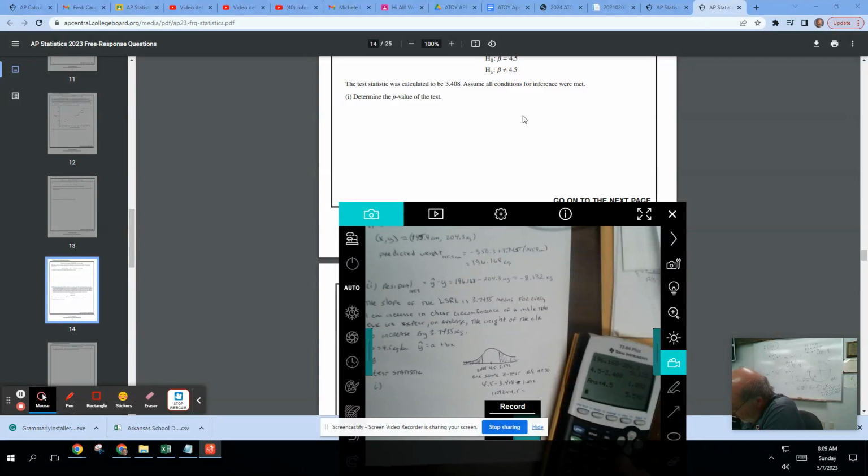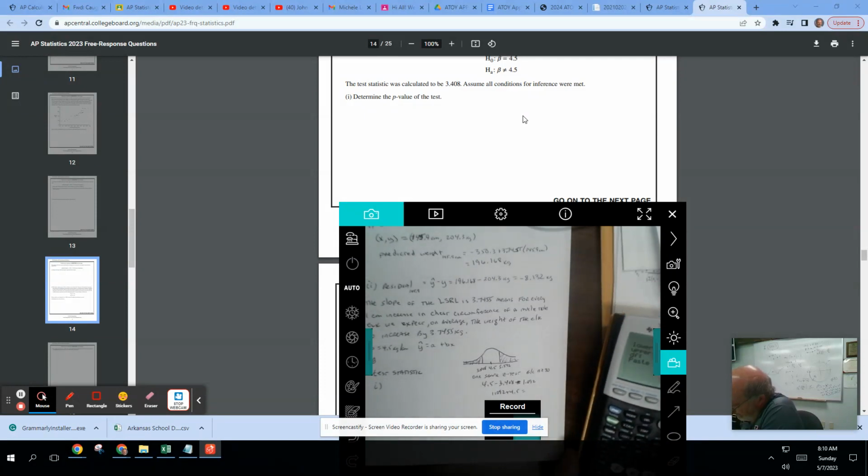I'm going to use, let's see, tcdf. Let's look and see the tcdf real quick. Lower, upper, degrees of freedom. We don't need standard deviation.